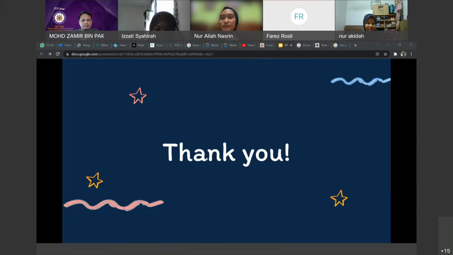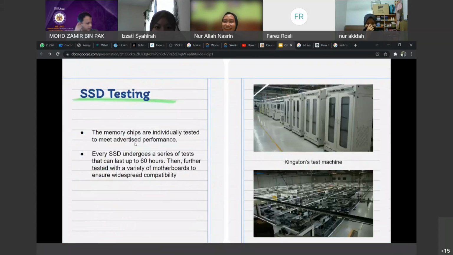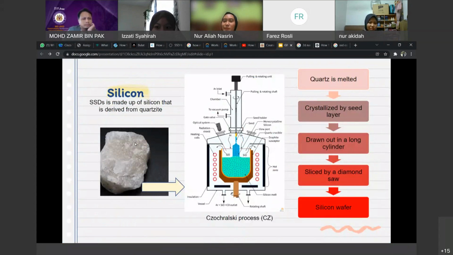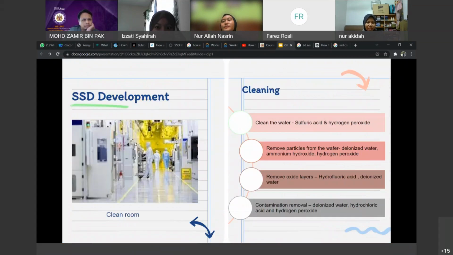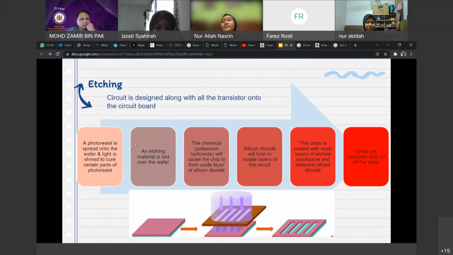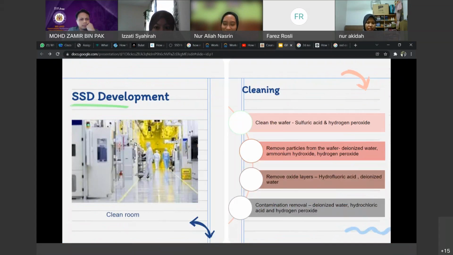Slide saya nak tengok balik slide siapa namanya Alia, boleh tak? Yes. No, I mean before cleaning. Is this the only way of cleaning?